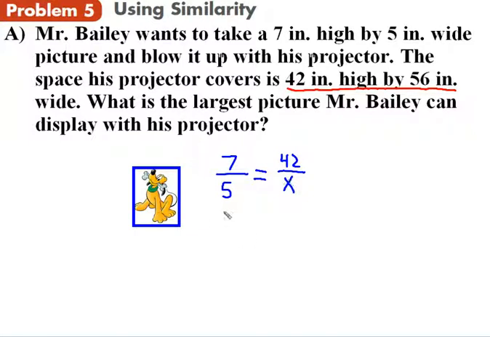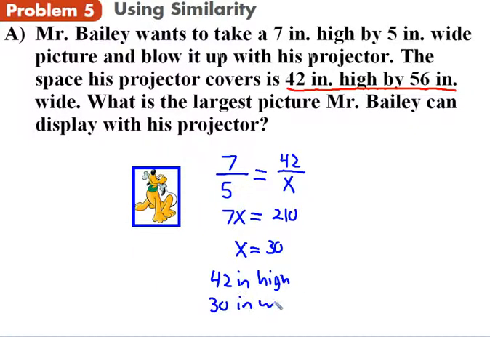Okay, cross multiply, we get 7x is equal to 210, and divide, we end up with x is equal to 30. Okay, again, x was the width, so we'd say the biggest picture we can end up with is 42 inches high, because that's what we fit, and 30 inches wide.